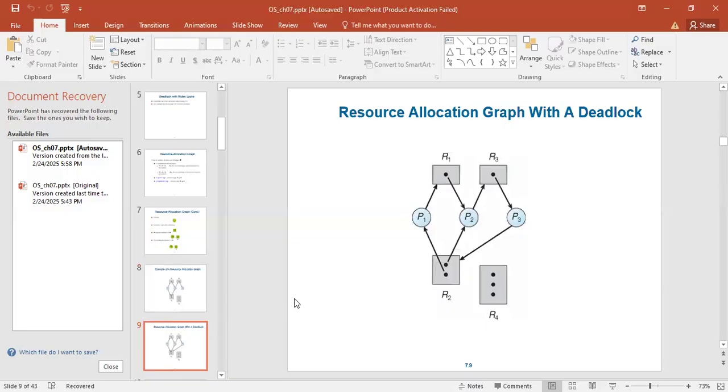Resource allocation graph with a deadlock. If a cycle is formed in the resource allocation graph, there are two cases: it may lead to a deadlock, or it may not.